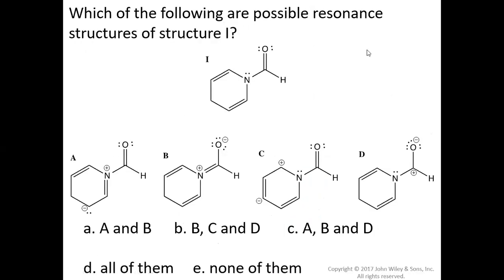Okay. So which of the following are possible resonance structures of this one? So I will let you take a few seconds. Which of these are possible Lewis structures? So it's not just me. There is someone in here with me in this video. So I'll see if they have an answer. Which of these are possible Lewis structures for this one, or possible resonance structures?